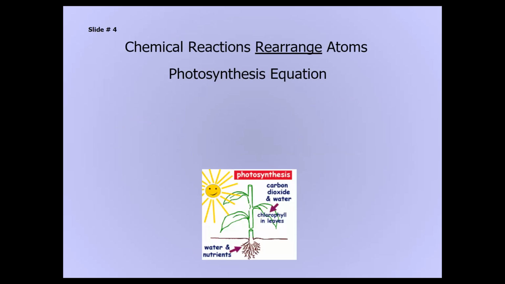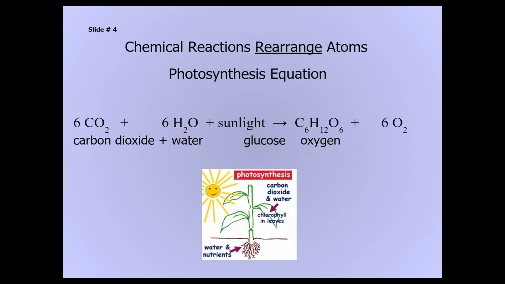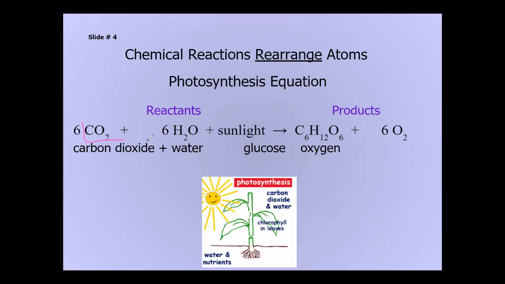So when we were talking on Wednesday, one thing that I made a very, very big deal out of is the fact that in chemical reactions, we cannot add or take away any new or different atoms. We can only rearrange the atoms that we have. So I went through this big equation, the photosynthesis equation, but just focused on some of the basic facts, which is that we have our reactants over here and our products over here.